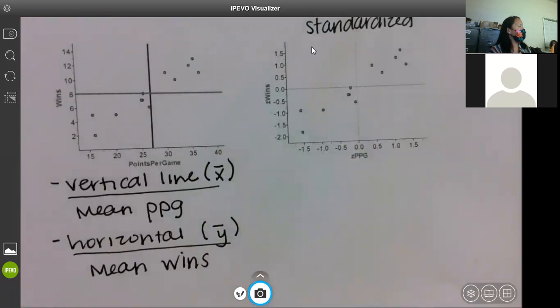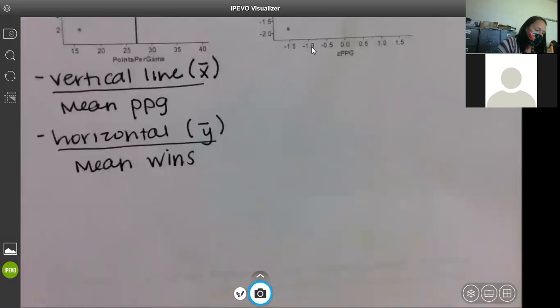What else? What do those two lines do to the graph? The very center. They kind of do give it quadrants. So what do you notice? Most all of the dots are in the first and third. Right. So that's what I wanted you to get at.